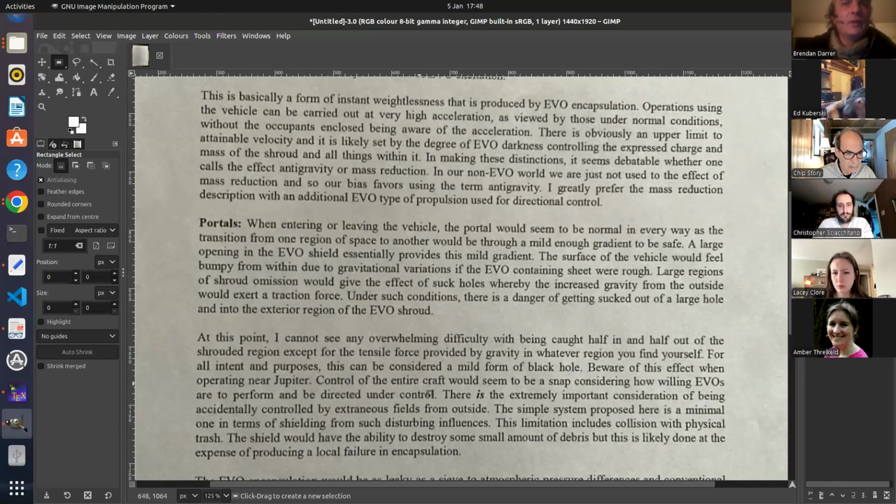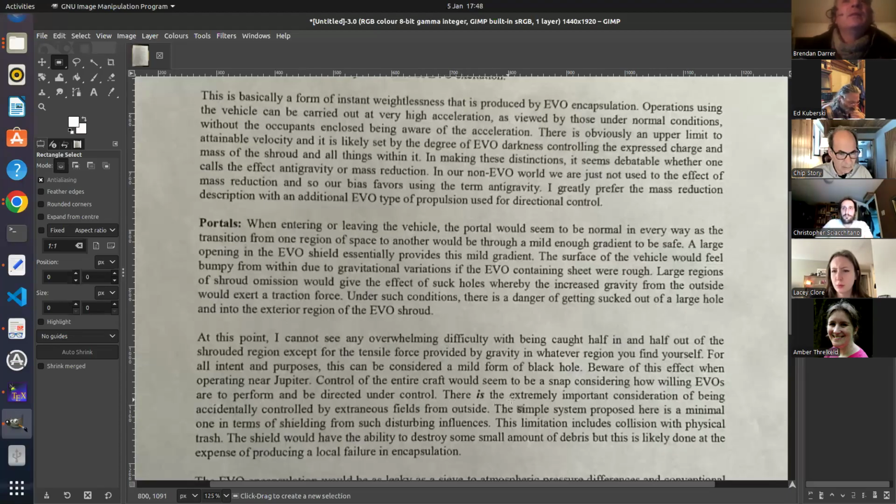Control of the entire craft would seem to be a snap, considering how willing EVOs are to perform and be directed under control. So I'll read that again. Control of the entire craft would seem to be a snap, considering how willing EVOs are to perform and be directed under control.